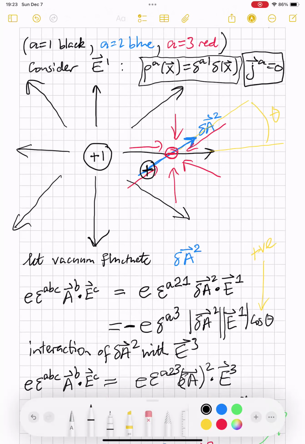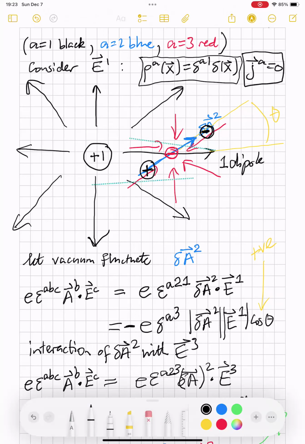Okay? And in this region over here, you can see that the direction between the blue arrow and the red arrow are exactly opposite. So there's 180 degrees difference between them. So we've got a minus sign sitting over there. So what does it look like? We found with this plus and the minus, we've again got a dipole, a 1 dipole.